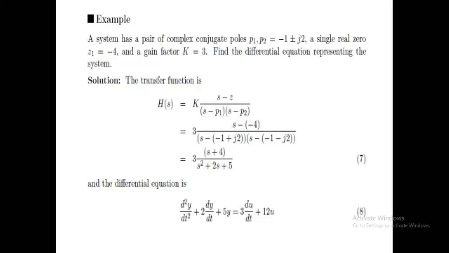The differential equation as per equation number 7 becomes: here s square plus 2s, there is no coefficient for s square and it is second order, so it is d square y upon dt square plus 2 into dy/dt plus 5y equals 3 into dx/dt plus 12x, since 3 times 4 is 12, and this is basically the solution.